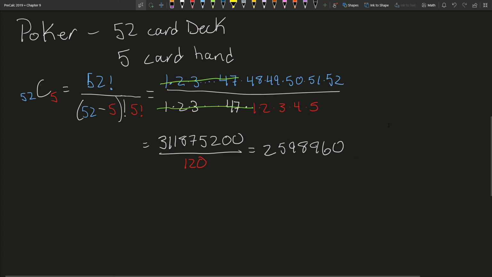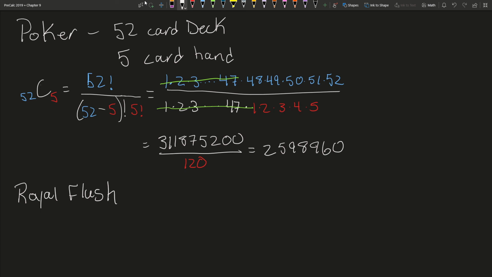The most powerful hand that you can have in poker is called the royal flush. A royal flush is 10, jack, queen, king, and ace, all of the same suit.